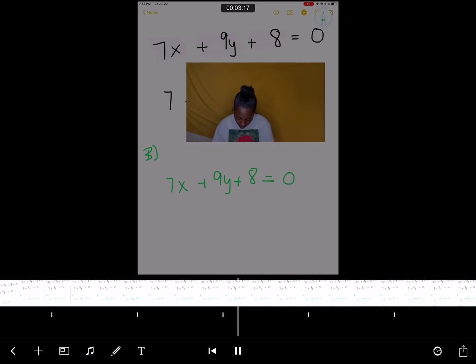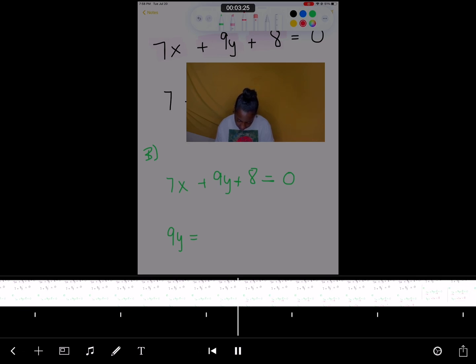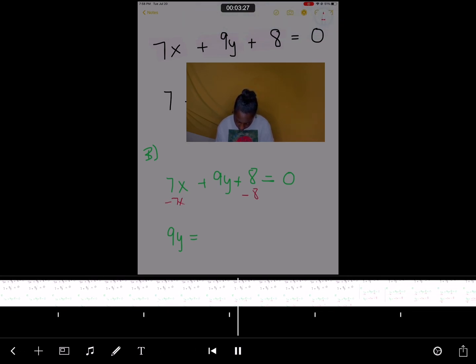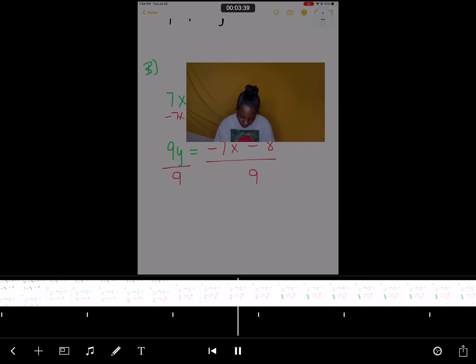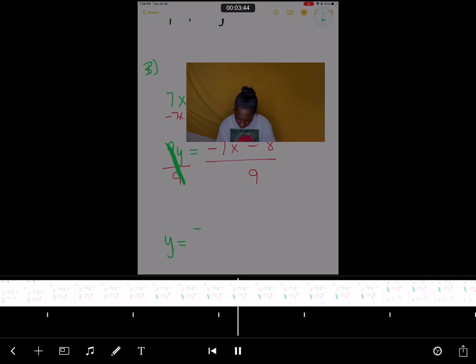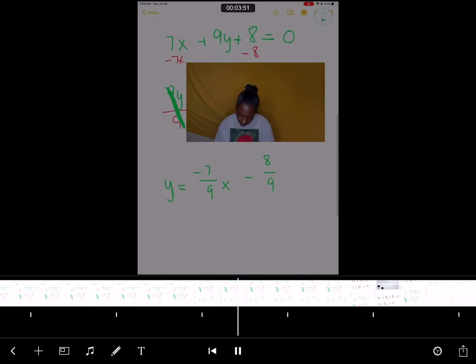So 9y equals, and to get everything else on the other side, I have to subtract, so we have negative 7x minus 8. To get y by herself, we divide by 9, and what we do to one side, we do to the other. So our final answer is y equals negative 7 over 9 x minus 8 over 9.